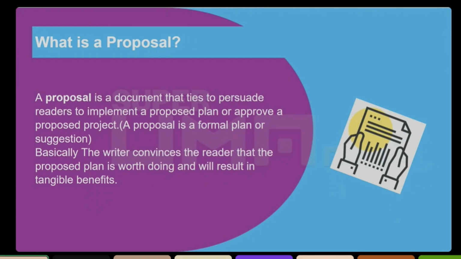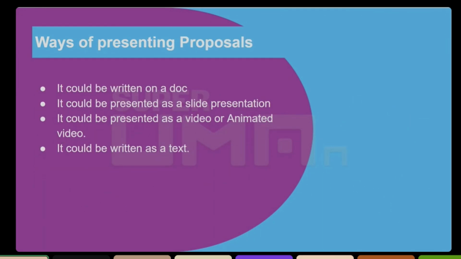Okay, moving on, ways of presenting proposals. For we superhumans, we can present proposals on a doc, written like a document. It can also be presented as a slide presentation, just like what I'm doing currently. But right now I'm not making a proposal, it's just a presentation on how to make a proposal.